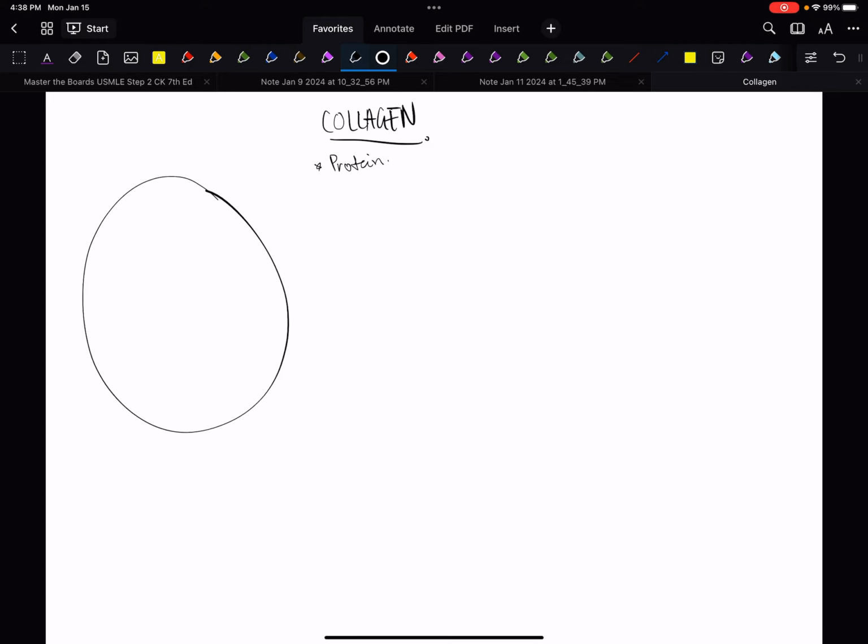So we're going to say this is a cell. This is the nucleus of the cell, and from the nucleus we're going to get the mRNA transcript that's going to be encoding for the collagen protein. So this mRNA is going to come outside, and there will be the rough endoplasmic reticulum here.